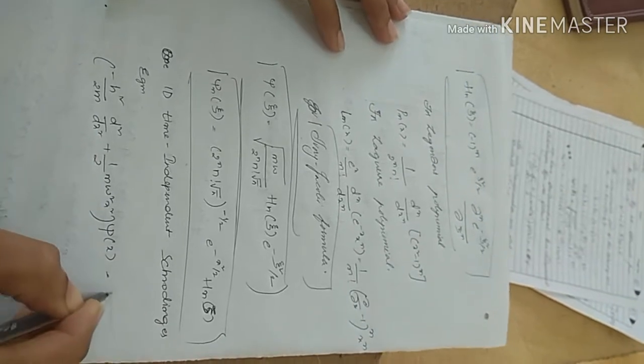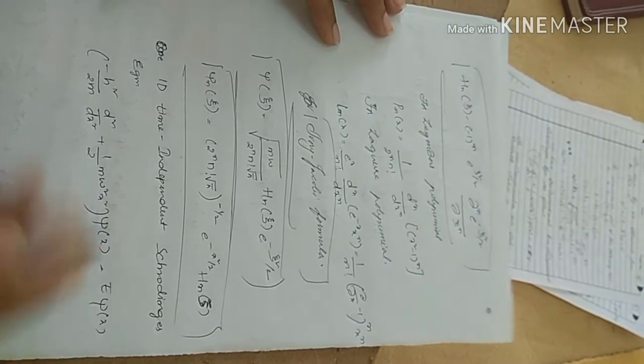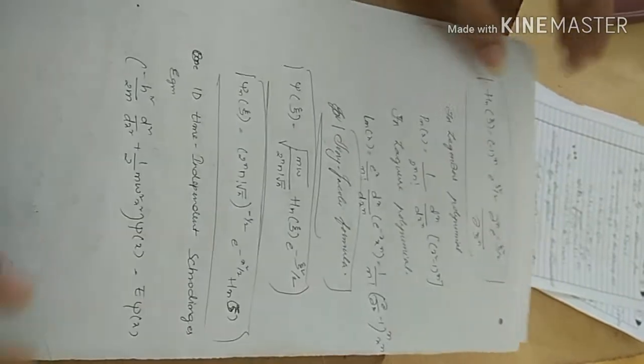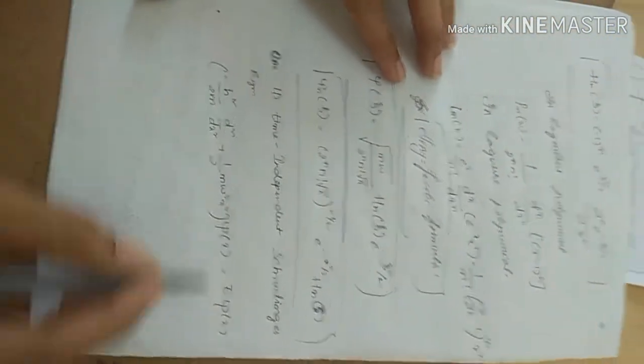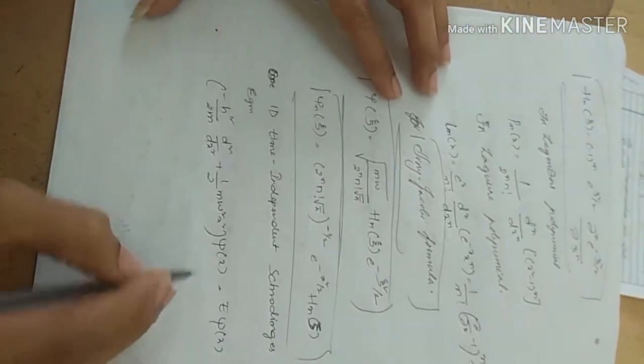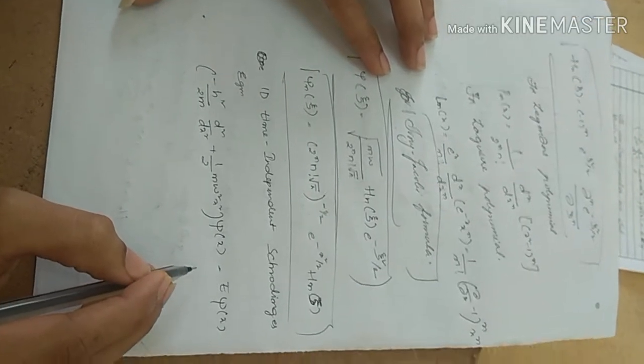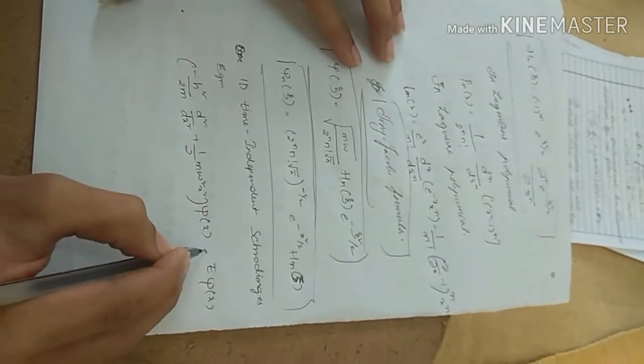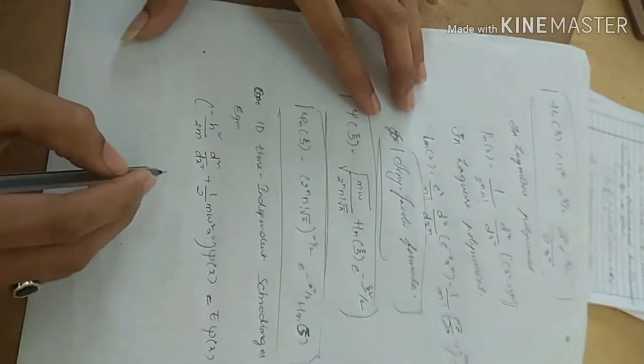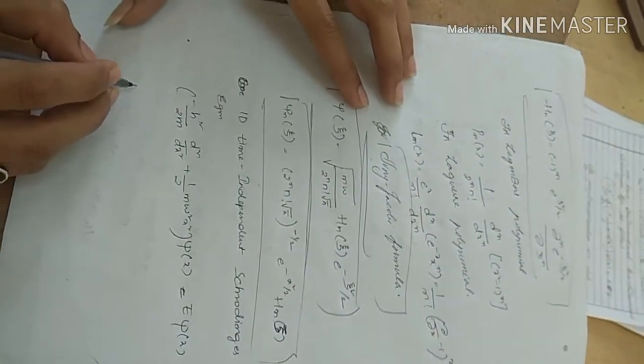This is the same as the previous equation. And let us non-dimensionalize this equation. Non-dimensionalizing is a process of making the equations dimensionless.